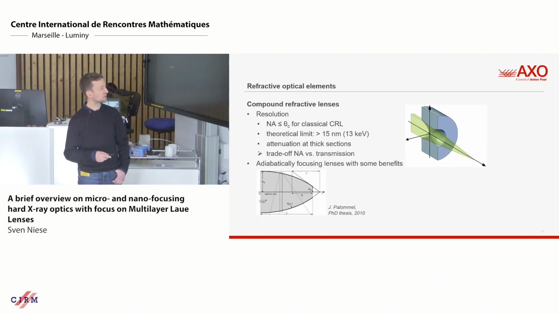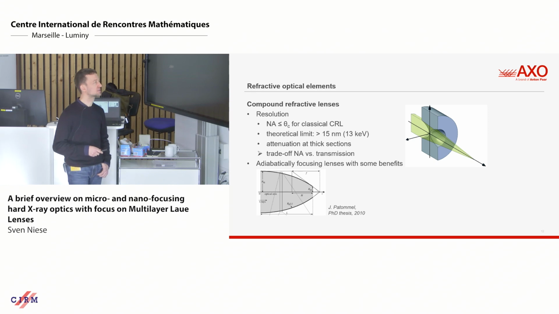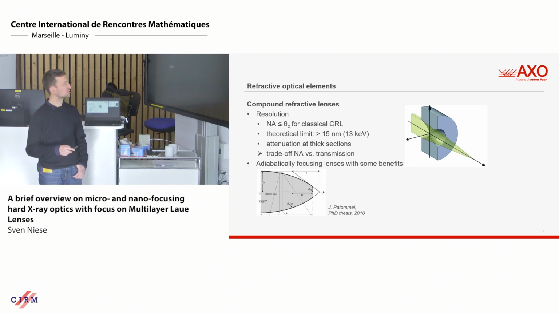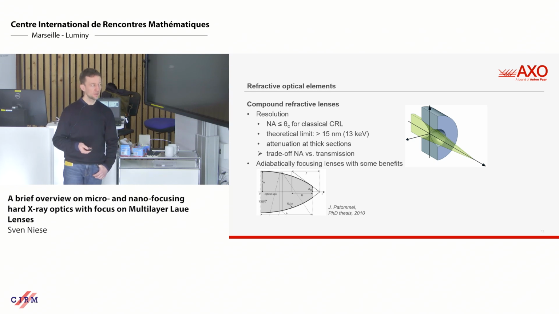In terms of resolution for those kinds of lenses, you are limited by the critical angle of total external reflection, because the numerical aperture for the classical approach cannot be larger. But this already means that, without considering absorption, you may achieve something like a 50 nanometer focus.